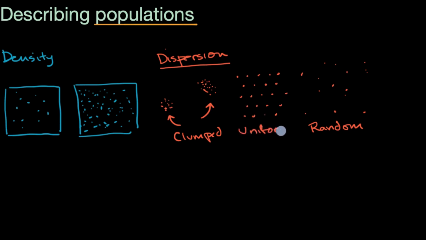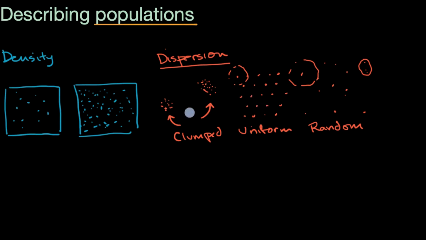Well, a uniform distribution maximizes how much space each member of the population might get, where they have just enough space, but not too much. For example, this character right over here has a ton of space, while these folks over here don't have too much space. So there might be reasons for individual survival, or the population's survival, to spread out just enough, or to spread out in a uniform way.